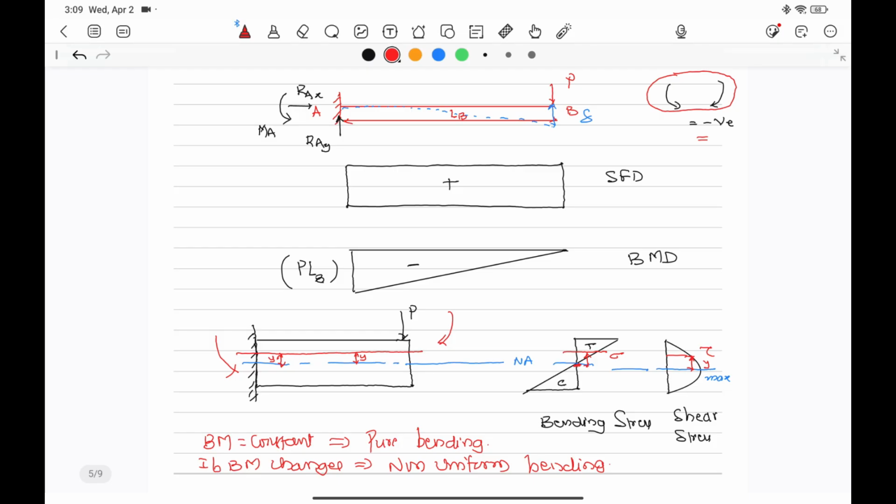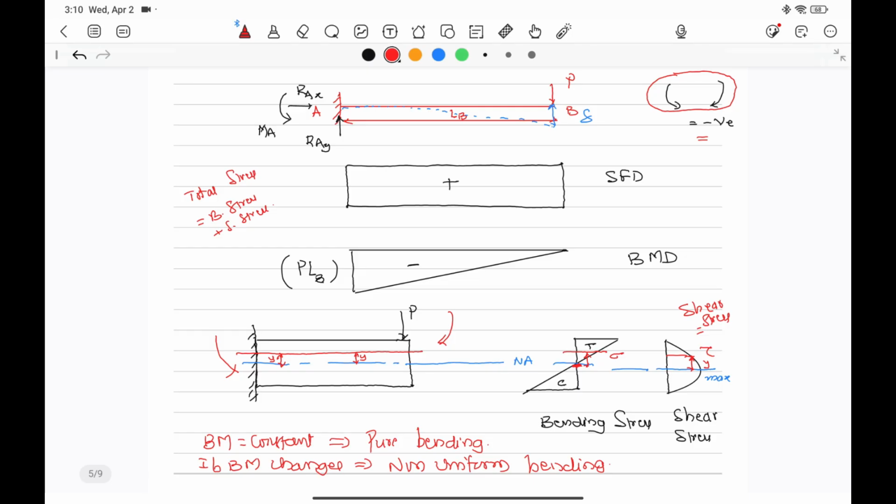And at the neutral axis, bending stresses are 0, strain is 0. Wherever bending stresses are 0, the shear stress will be maximum. What is the total stress? Total stress at any point is equal to bending stress plus shear stress under ideal conditions.